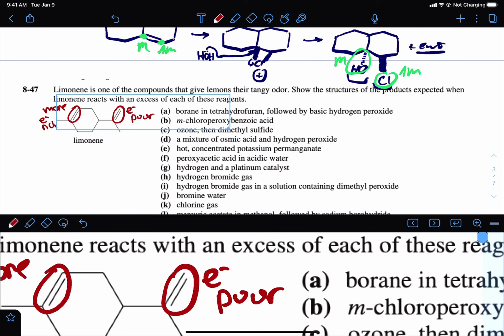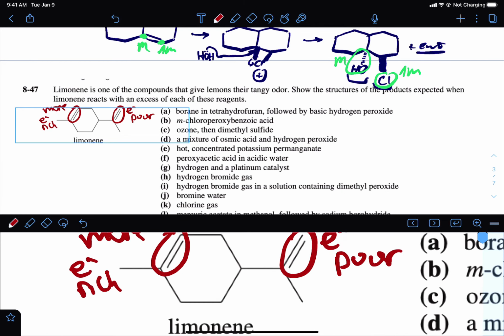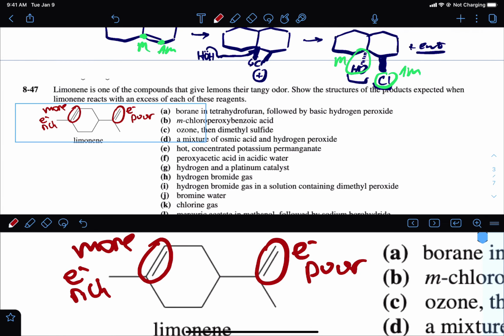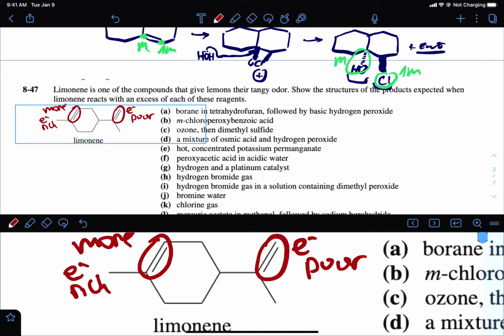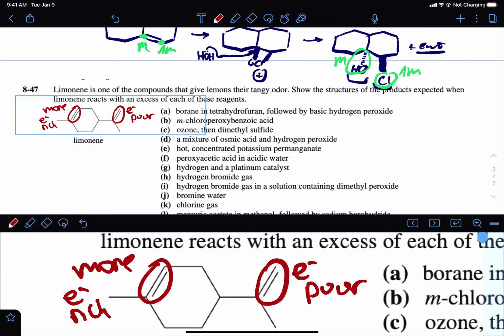Okay, actually, now that I'm reading the prompt. Okay, so here's my thought. Because one of these is electron rich and one of these is electron poor, one would react in preference to the other, depending upon what the reagent is. If the reagent is electron poor, then this alkene would react.